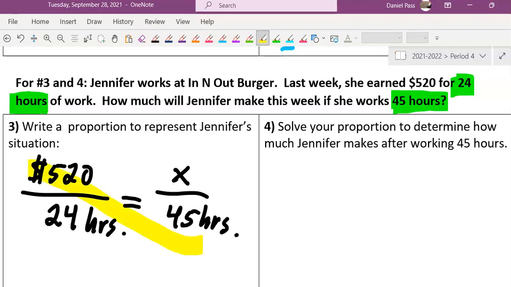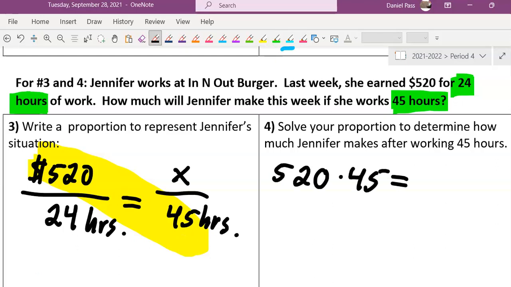520 times 45 is 23,400. Hold on. I want to write my equation first. 520 times 45 is equal to what? Our other cross multiplication thing. 24x. Thank you. Because in the end, we need to make sure that 520 over 24 equals the number over 45.